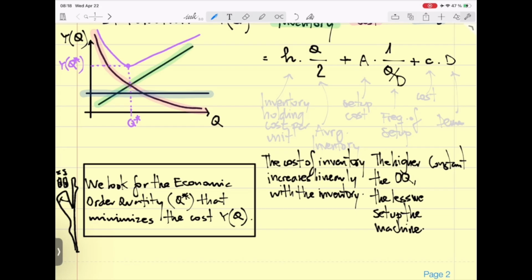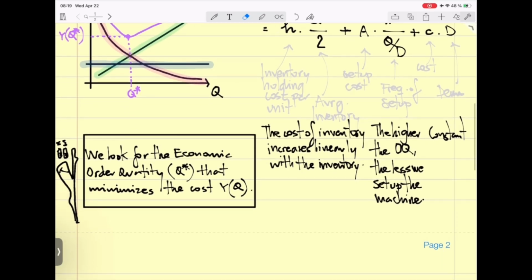How do we find the minimum of a function? You should know this.